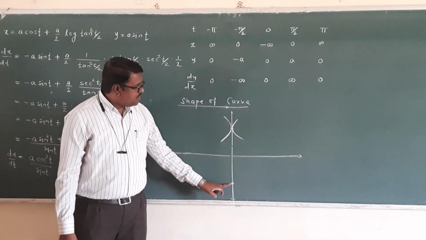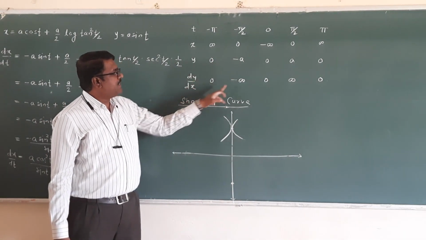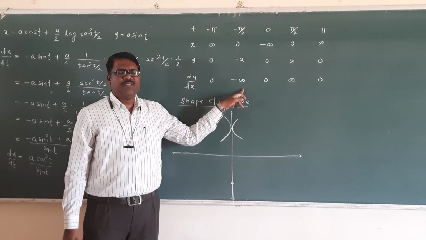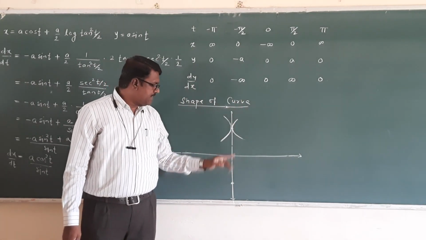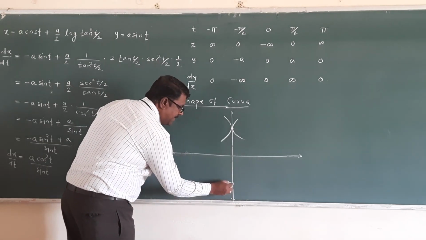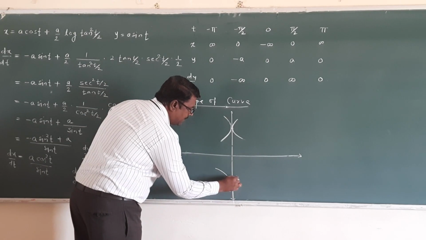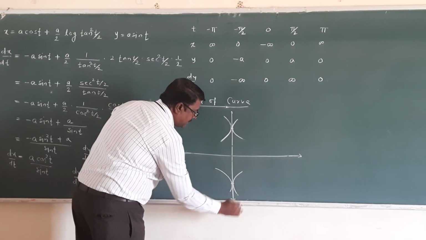Similarly, this point is 0, minus a, and dy by dx is minus infinity, which means the tangent is parallel to the y-axis at this point. So again the y-axis itself is a tangent at this point. The curve will have a shape either on this side or on this side.